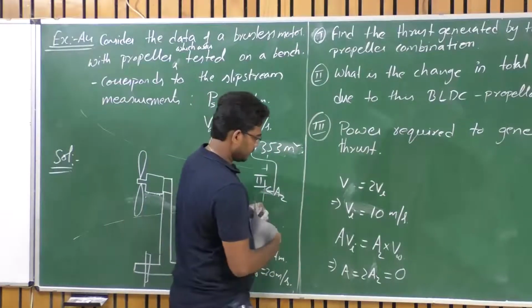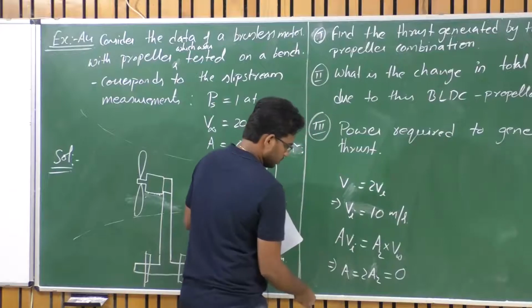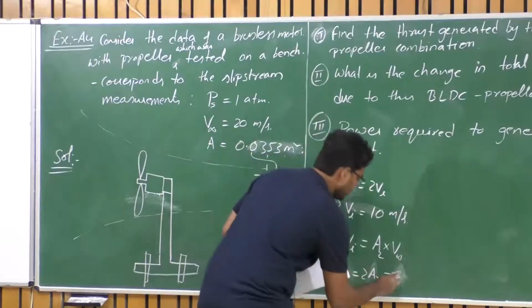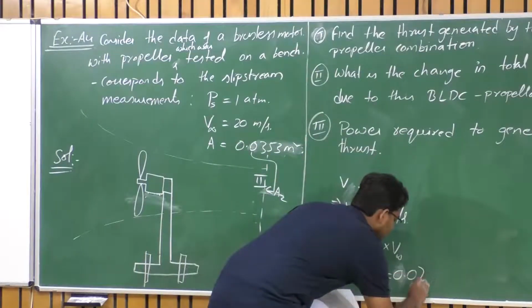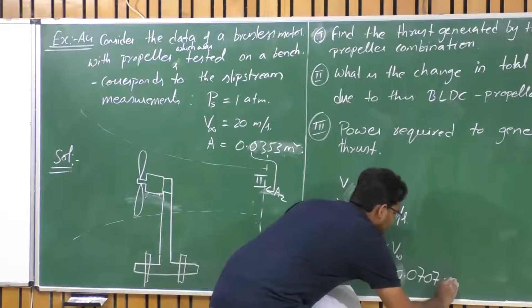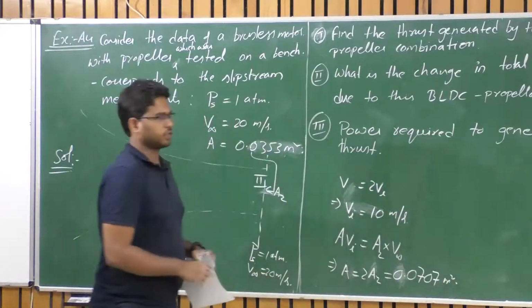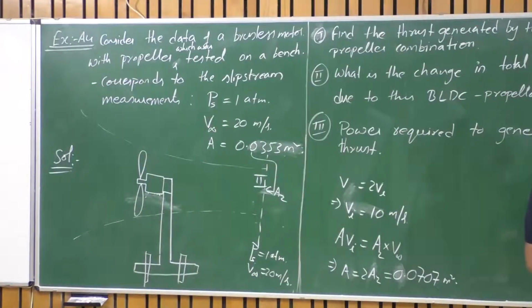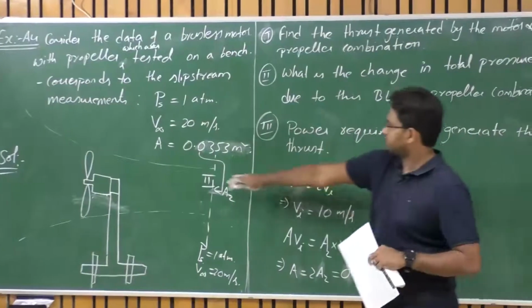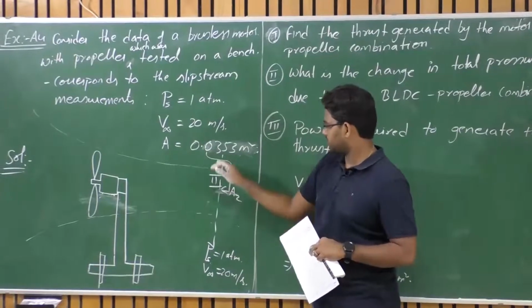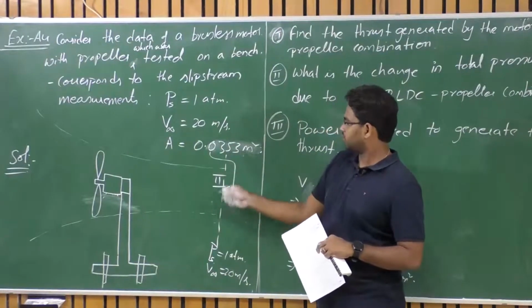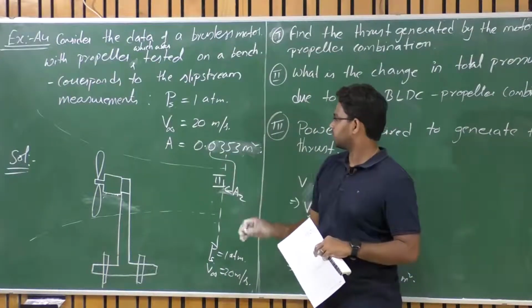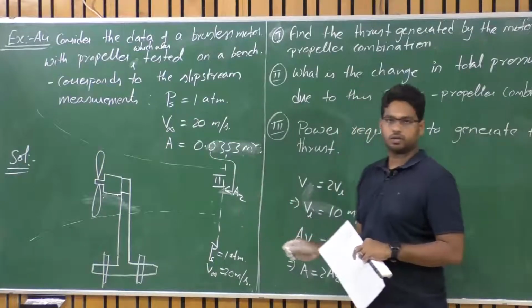So what we have here is area is equals to 0.0707 meter square. So this is the area of the disc. Am I correct or not? So if I have to know what is the thrust, please make this correction here. So the area of the stream tube at this particular location is equals to 0.0353 meter square.